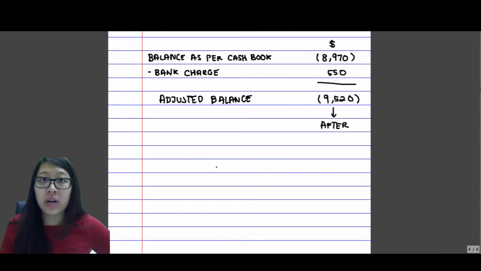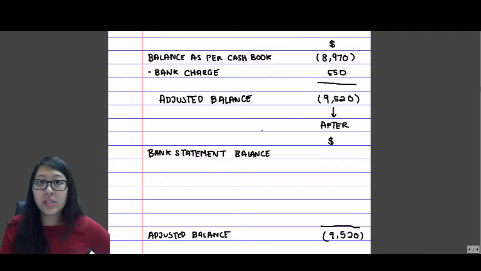So all we need to do now is work backwards. So in here I have prepared slight formats to how we are going to prepare this bank reconciliation. So I've ended with the adjusted balance, $9,520, and between the bank statement balance and the adjusted balance will be items of adjustment. So let's go back to the question and fill in the items that needed adjustment just now.